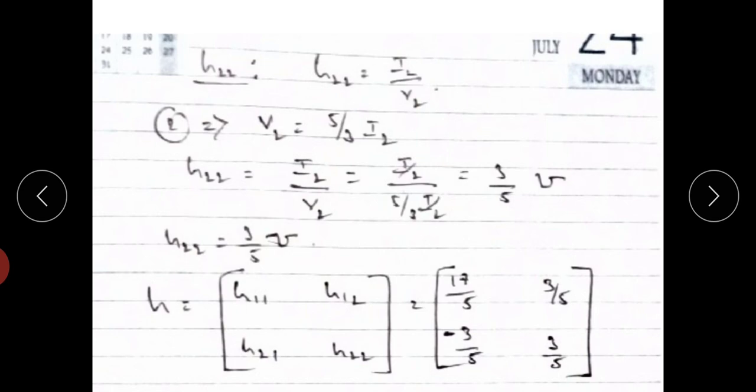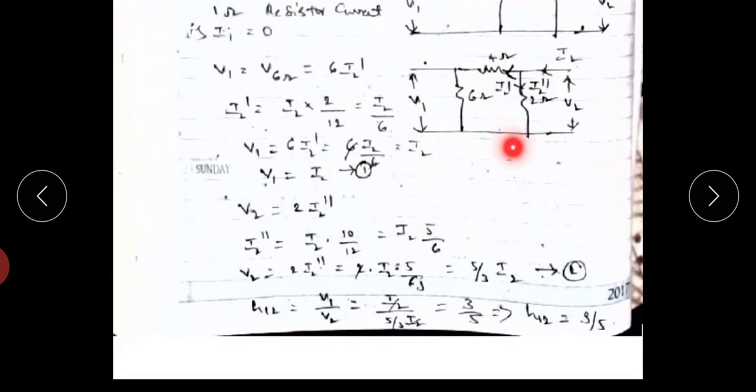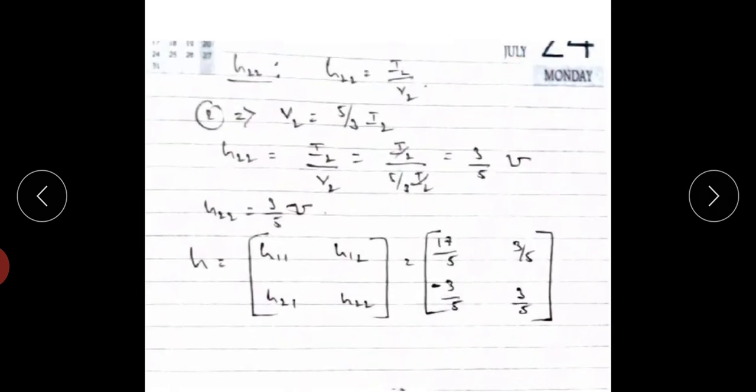From equation 2, V2 equals 5 by 3 into I2. Use this equation. So I2 by V2 equals 1 by 5 by 3, which equals 3 by 5 mhos.